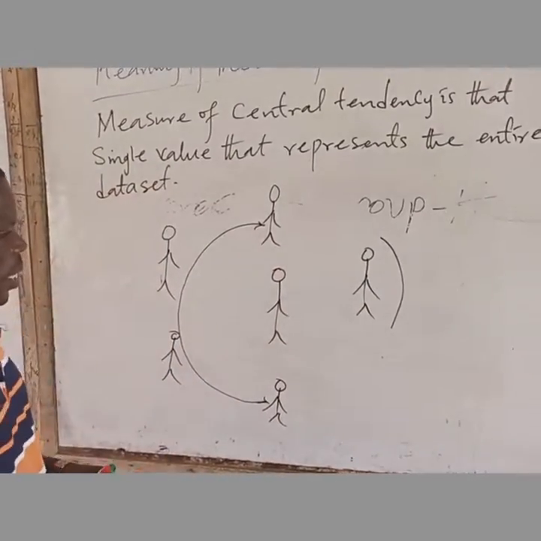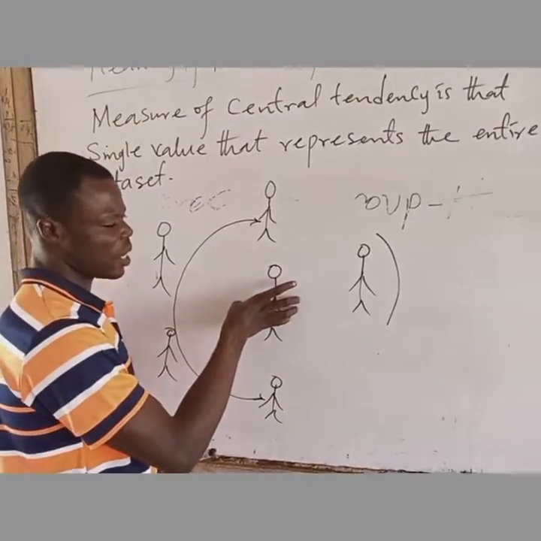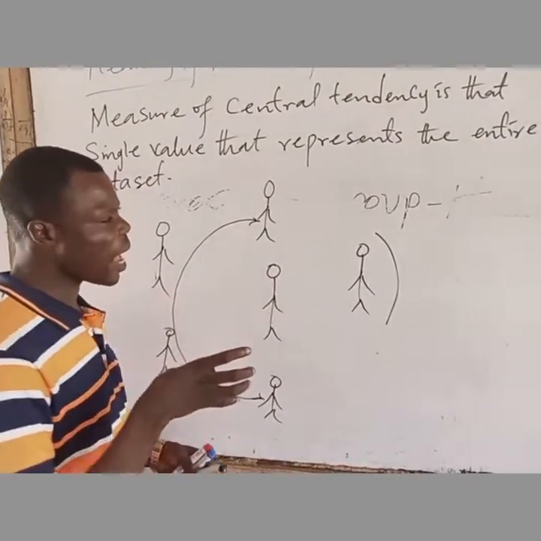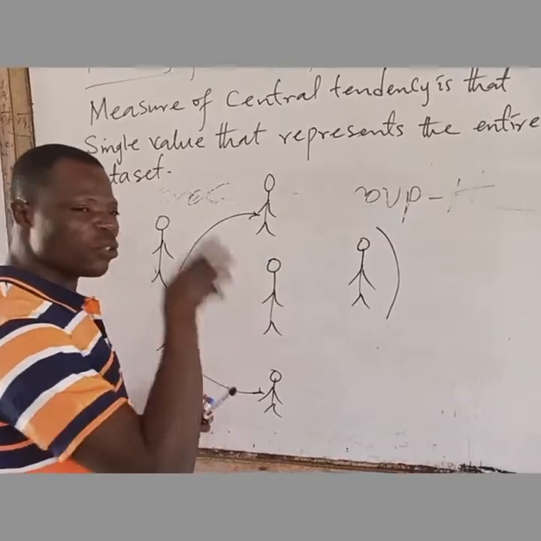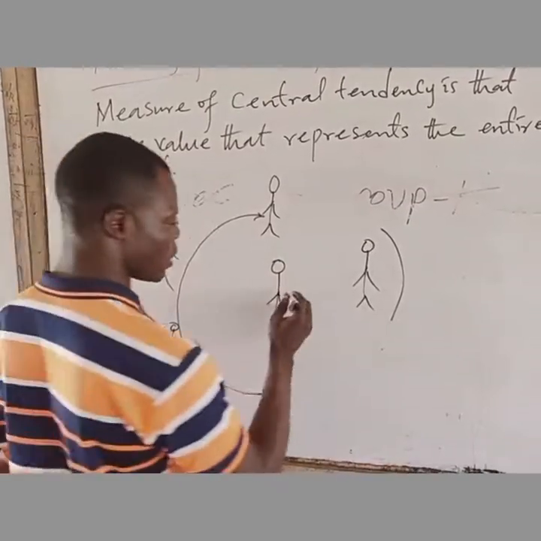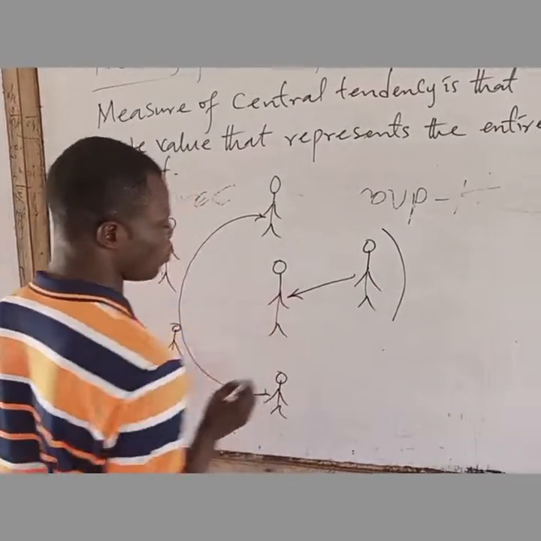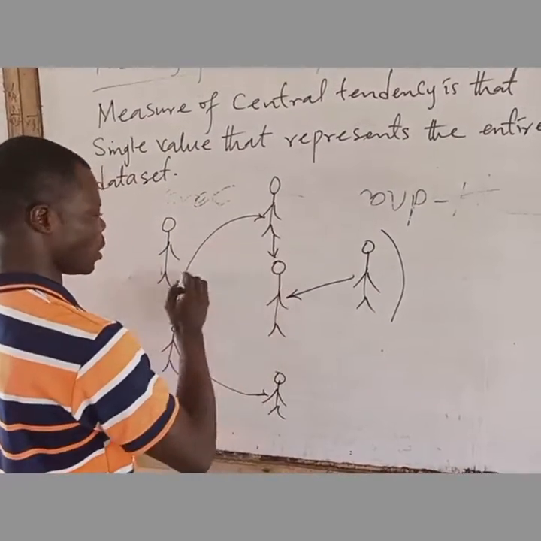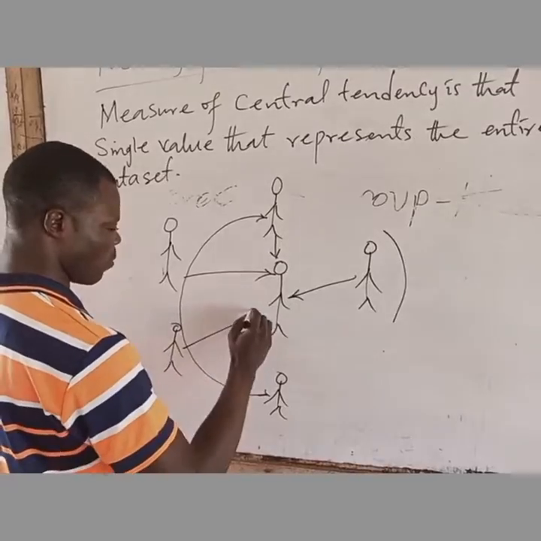What do we notice here? This father will stand as the location for the entire family. That is, the mother will link to the father, and the children will also link to the father.